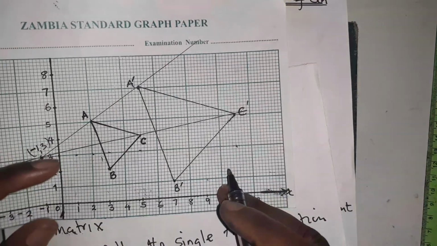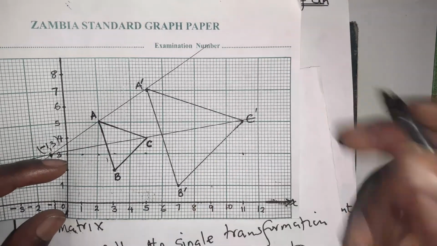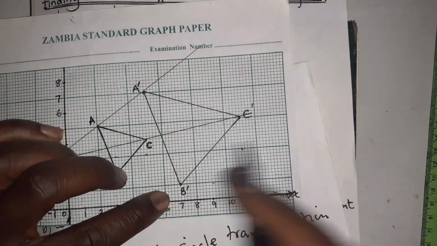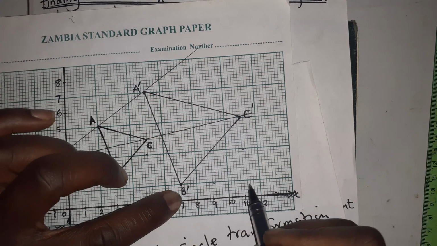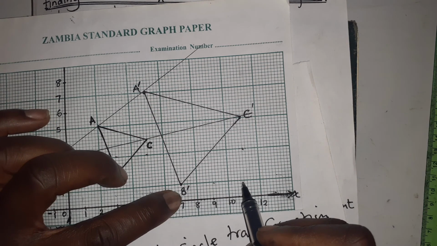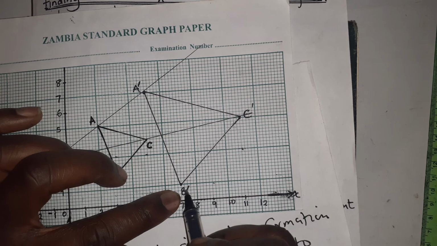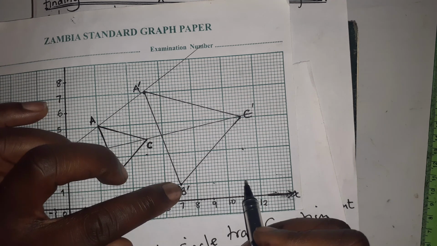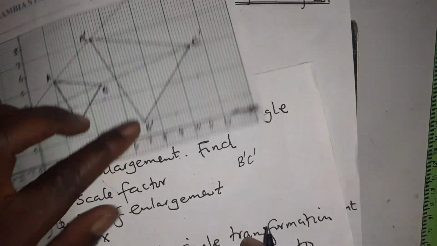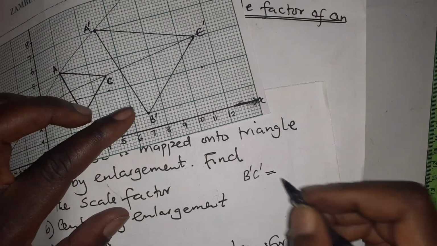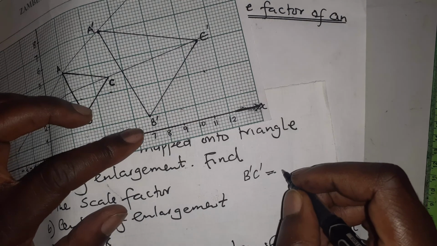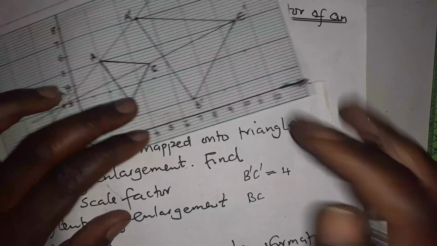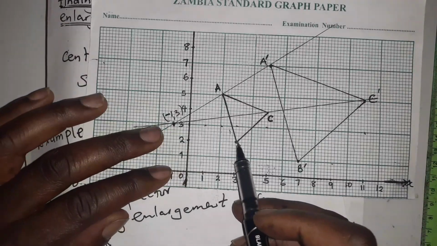So instead of us measuring this side with a ruler, let's look at the distance on the x-axis from B up to C. When we look at the distance on the x-axis, this is 1, 2, 3, and 4. So the distance here is 4. Then BC, that is now from the object, which is this one.